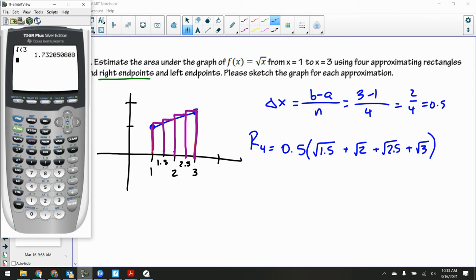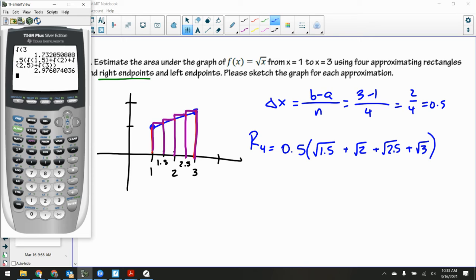We've got 0.5 times the square root of 1.5 plus the square root of 2 plus the square root of 2.5 plus the square root of 3, in parentheses. Yeah, 1/2 times each of the y values. How did I get the square roots? All I'm doing is taking the x values and plugging them into the function. That's all I'm doing there.